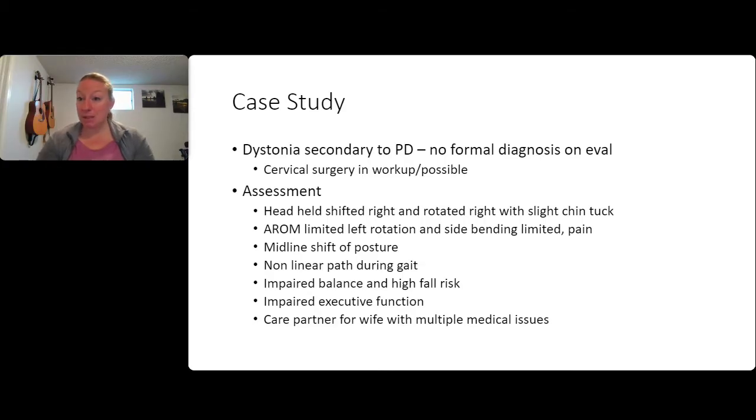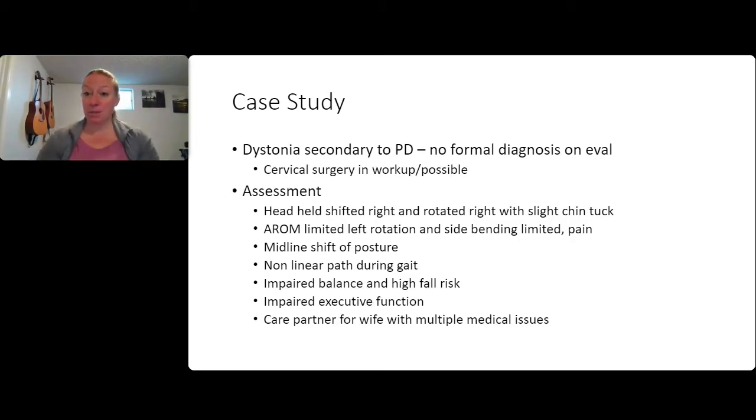He does have some Pisa syndrome, torticollis, and we were concerned about a cervical dystonia. It took a lot to convince the patient that it was worth going to a movement disorder specialist to consult with them, get maybe a more formal diagnosis, and get some management. She delved into his medications, and he did end up getting some Botox therapy.